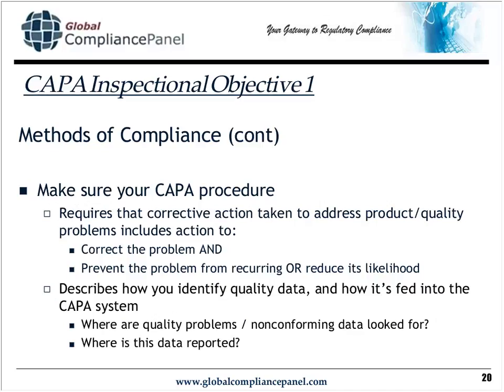Also, make sure the procedure requires that you correct a problem and prevent a problem from recurring, or, this is an important one, reduce its likelihood. You should, I'm going to say never, reference anything in any of your CAPAs or in your procedure that says that you will implement corrective actions that prevent recurrence of problems. You can't know that.